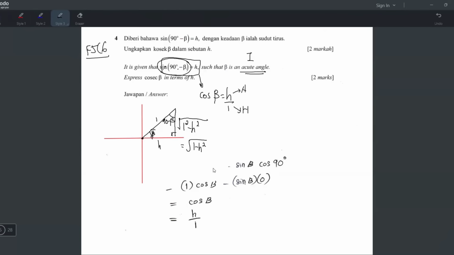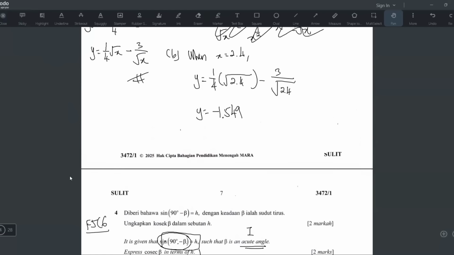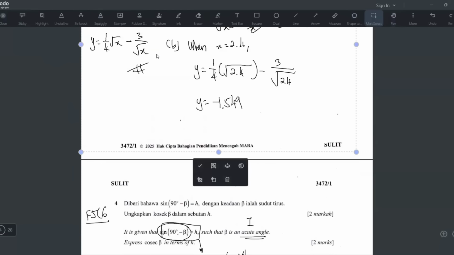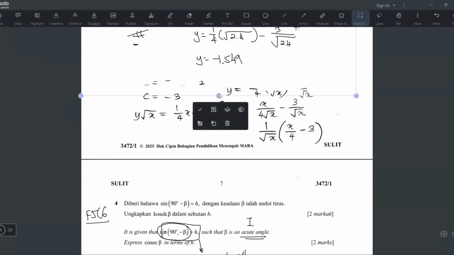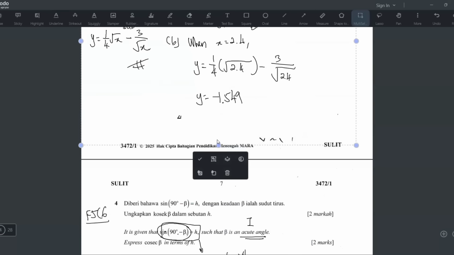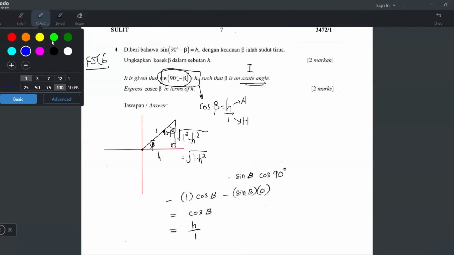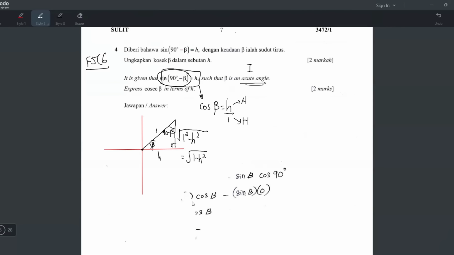I don't know why when I erase there's some handwriting here. Okay, let's ignore that. What was I about to say just now? Oh, I was trying to explain what if you use addition angle. Let's see what happens, I will prove to you it's the same. This one also has handwriting. Let me fix this first, you guys wait for me a bit. Let me just cover this up.